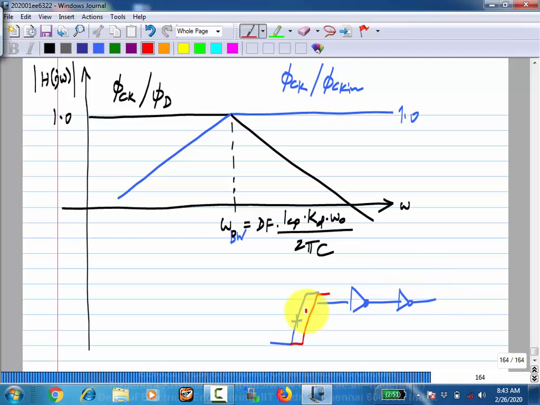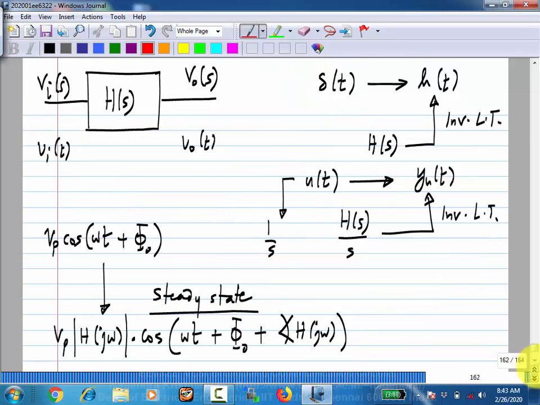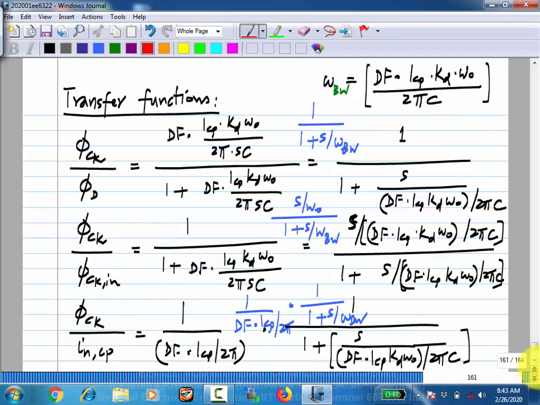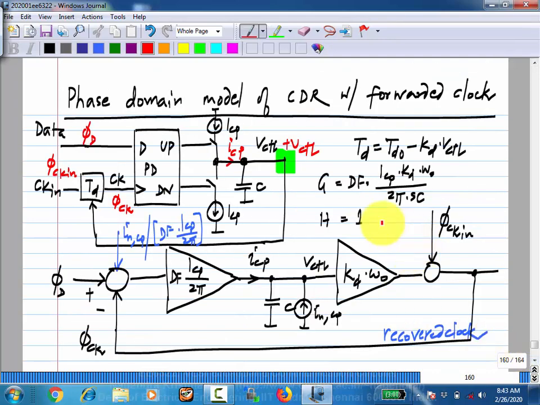Or if you make an ensemble of many of these instances and apply the same input, the output edges will all be at slightly different times because of the internal noise. So that also adds something like phase noise or jitter, and that can be modeled by adding a noise source over here.